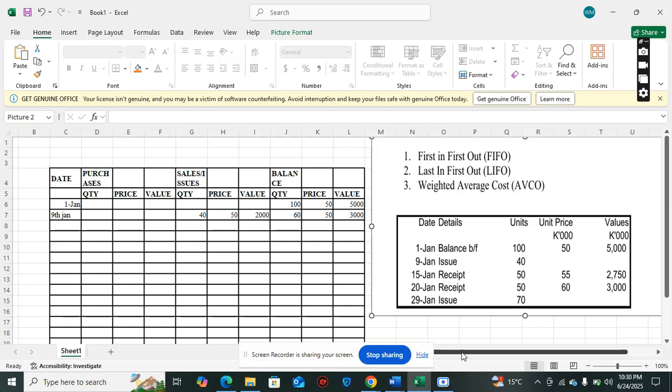So yes, basically what you've said, but don't always equate issues to sales. Sometimes issues mean it's going from one department to another and hasn't yet been sold.